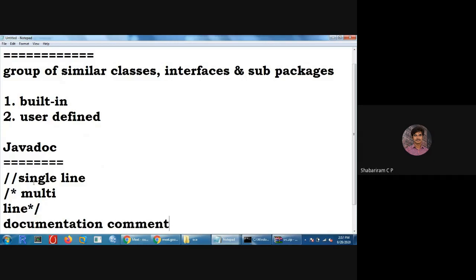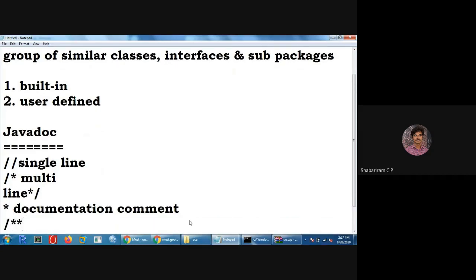This is for single-line comment, this is for multi-line comment. Now it requires a documentation comment. The documentation comment is slash star star followed by your message, and it ends with star slash. So instead of a single star, the documentation comment consists of two stars. Here I gave a star for each point, so I remove the star for this documentation comment.